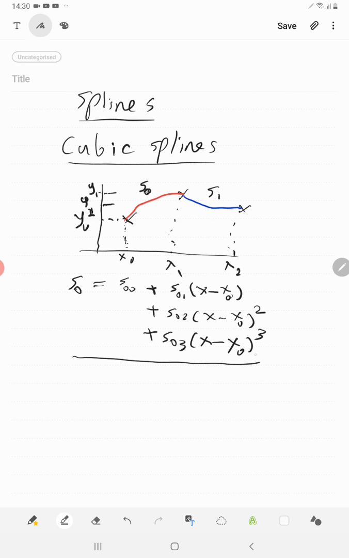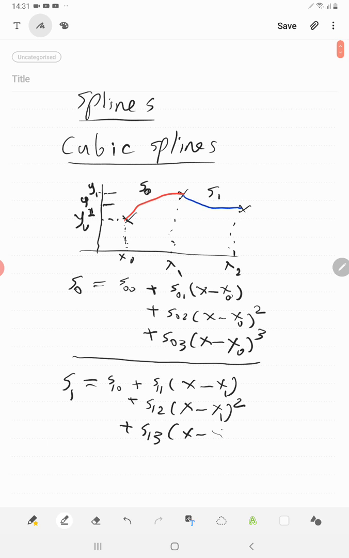Similarly, for S1, we have a constant S1,0, plus S1,1 times x minus x1, plus S1,2 times x minus x1 squared, plus S1,3 times x minus x1 cubed.